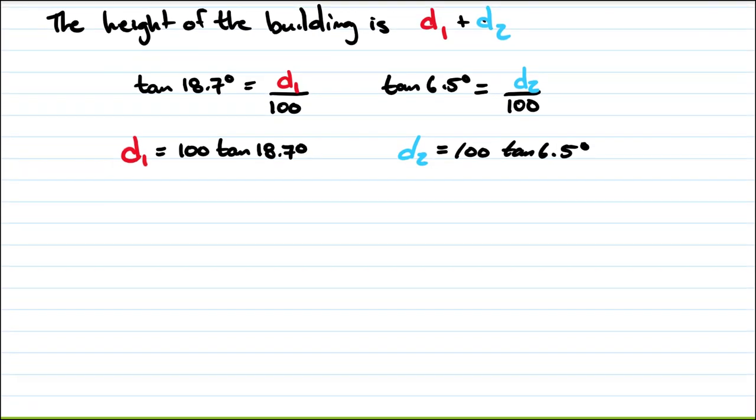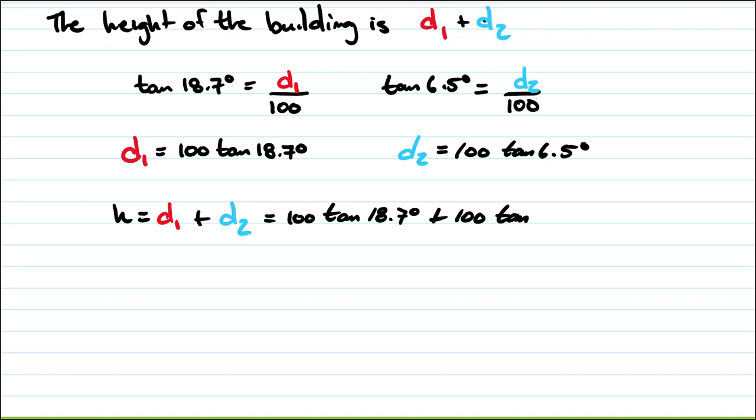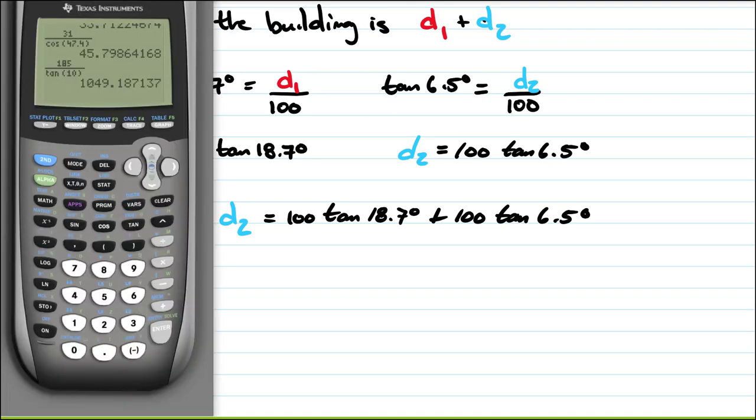So then our height of the building is D1 plus D2, which is 100 tangent of 18.7 degrees plus 100 times the tangent of 6.5 degrees. So now that's calculator food.